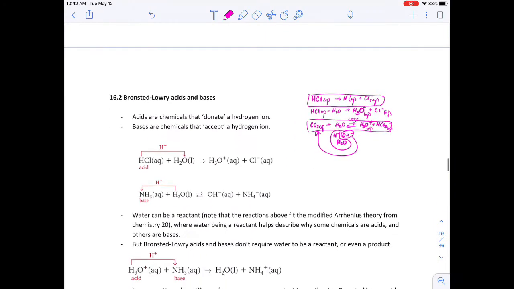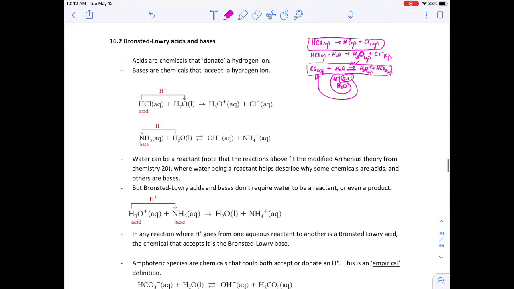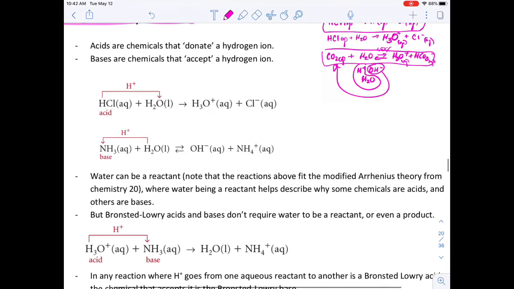So we're going to introduce you to Bronsted-Lowry acids and bases. We're going to stop talking about acids and bases simply by whether it makes a hydronium or a hydroxide, although that's going to show up all the time. Instead, we're going to follow what happens to a hydrogen ion. Chemicals that donate the hydrogen ion are acids, and bases accept a hydrogen ion.